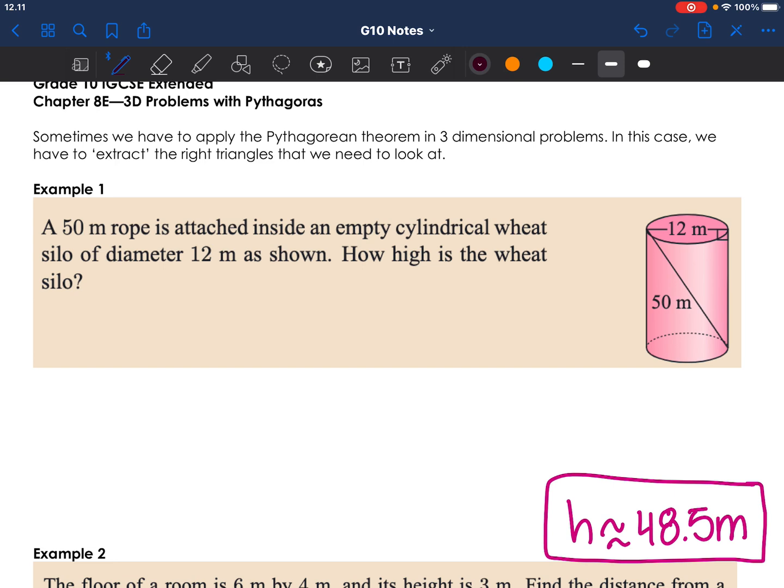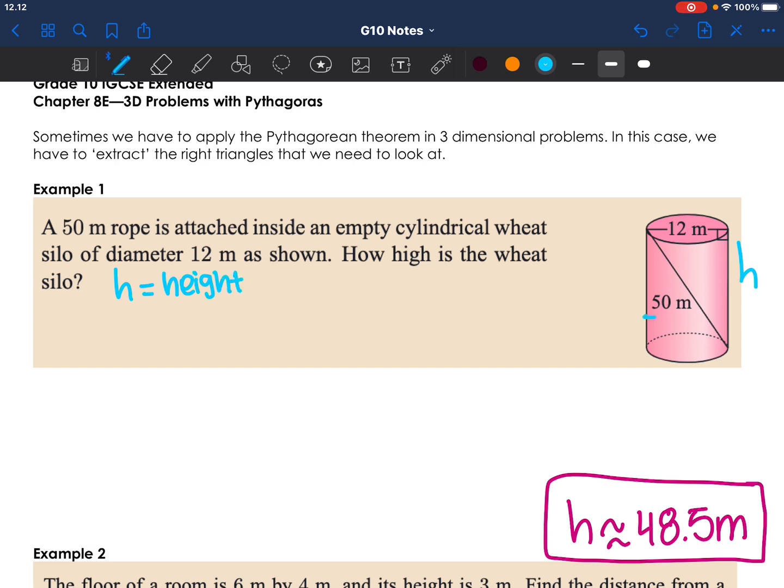So even though you guys don't immediately see it, that's when drawing a diagram comes in, right? We need to make it. There's a right angle, so that means there's a right triangle. So in this case, we need to find the height. Let's call it h, h for height.